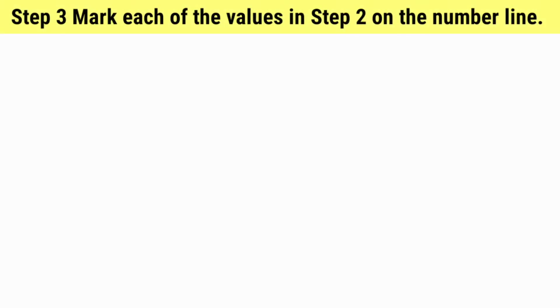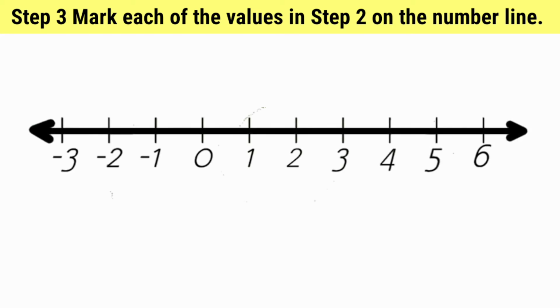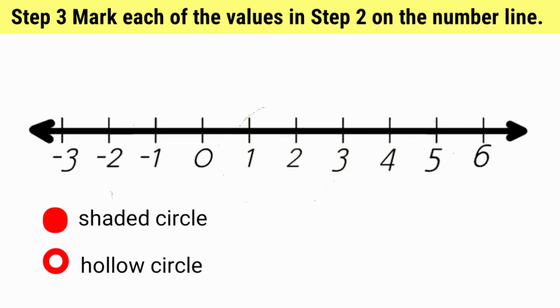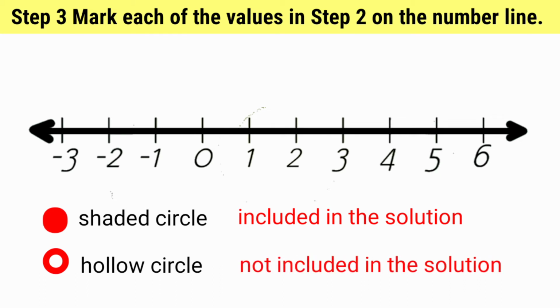Step number 3. Mark each of the values in step 2 on a real number line, using a shaded or hollow circle. It is shaded if it is included in the solution, and hollow if it is not included in the solution.